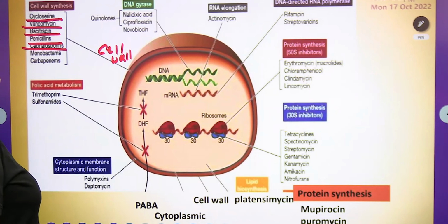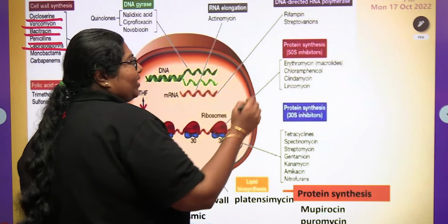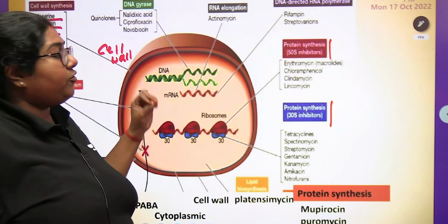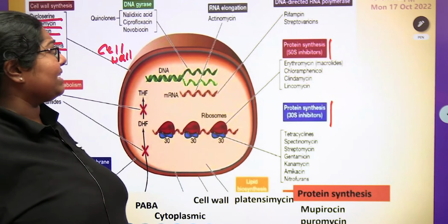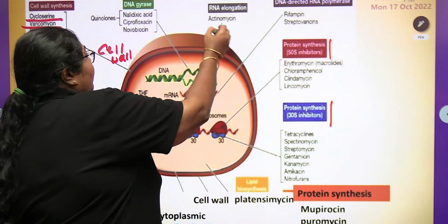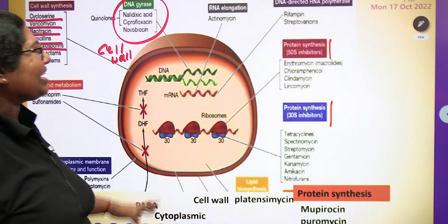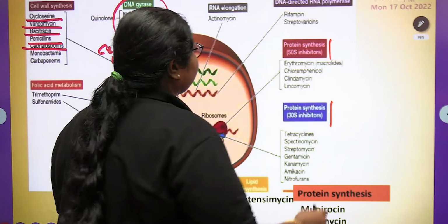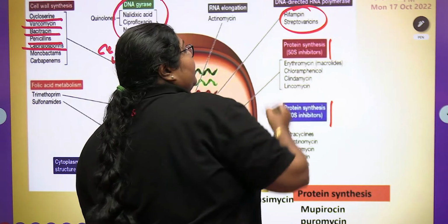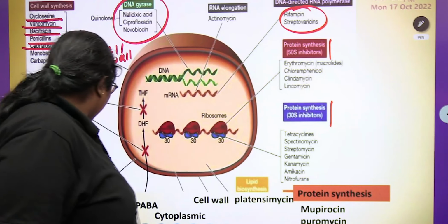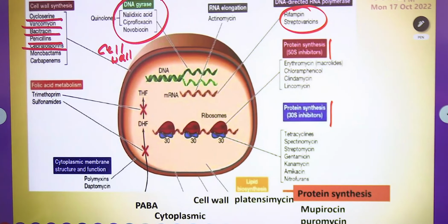Then if you take protein synthesis inhibitors, we can classify them into two types, 50S inhibitors and 30S inhibitors. Then coming to replication, nalidixic acid and ciprofloxacin come under this category. But remember, rifampin and these others target only transcription. They are not coming under translation.